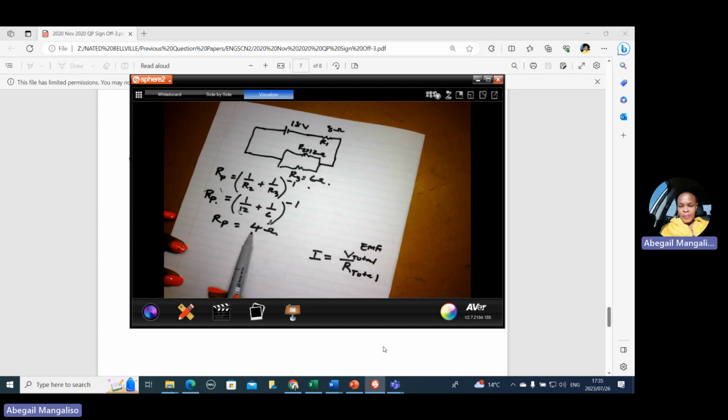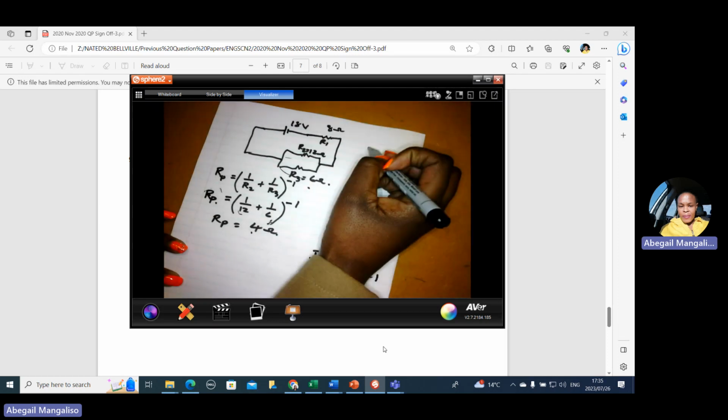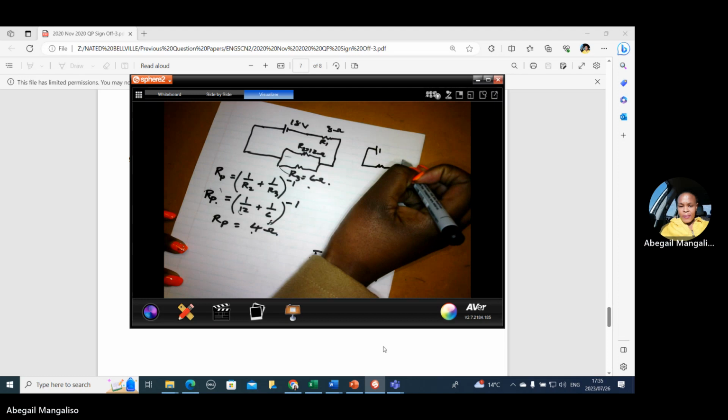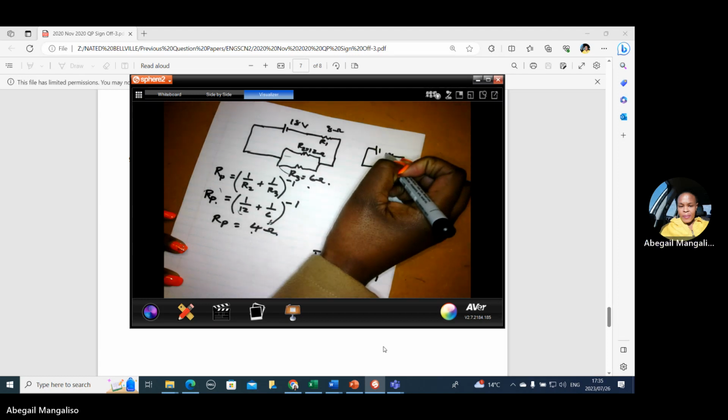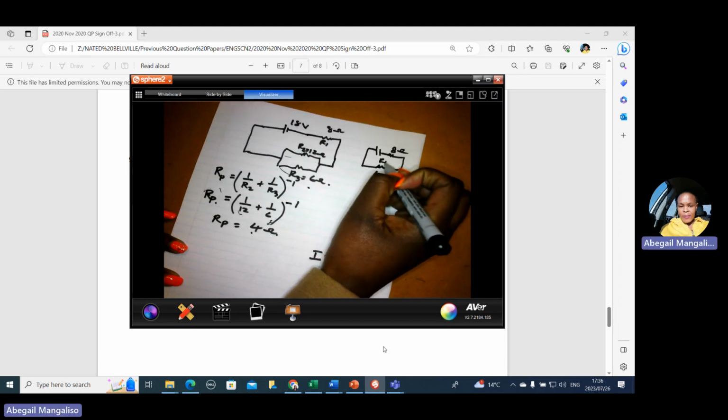So we only calculated the parallel section. So this circuit, when this one is eliminated, it will become like this. This is 4 ohm. And this side you have 8 ohms, 4 ohms, which is RP.